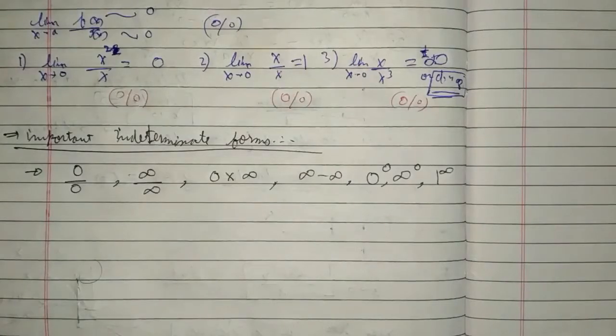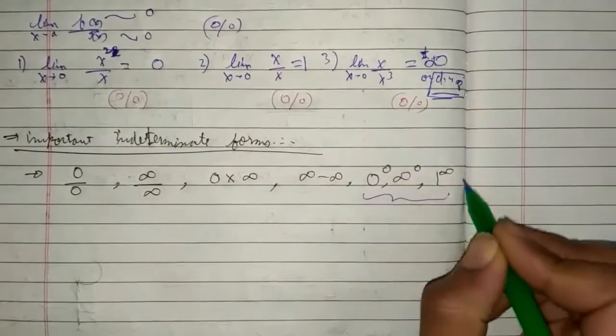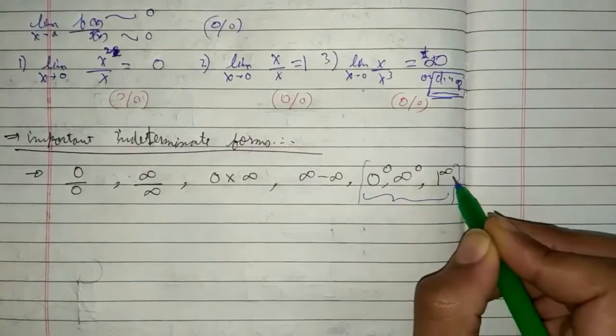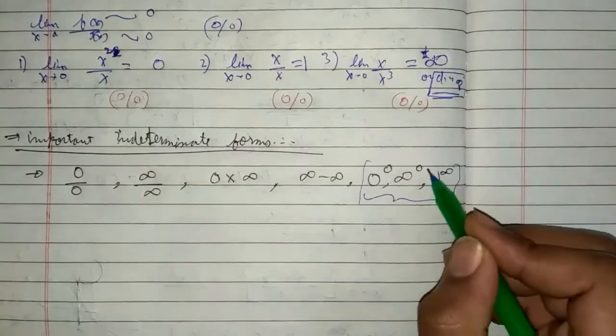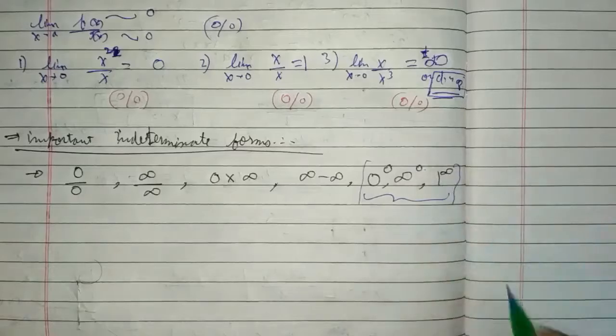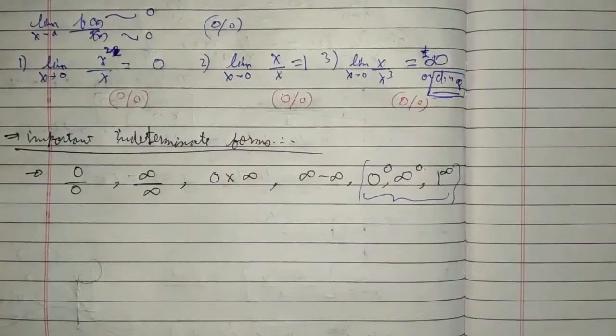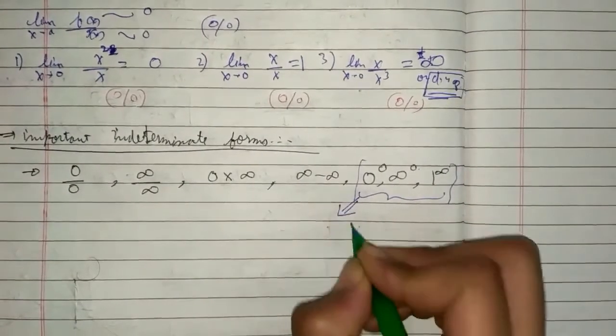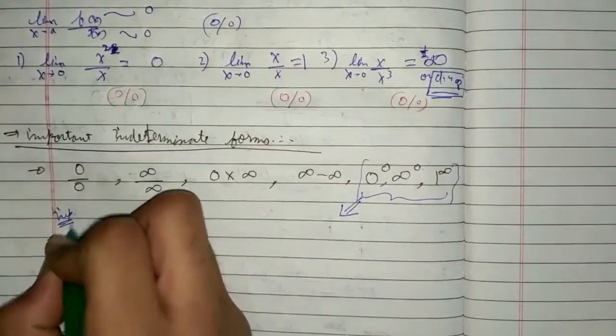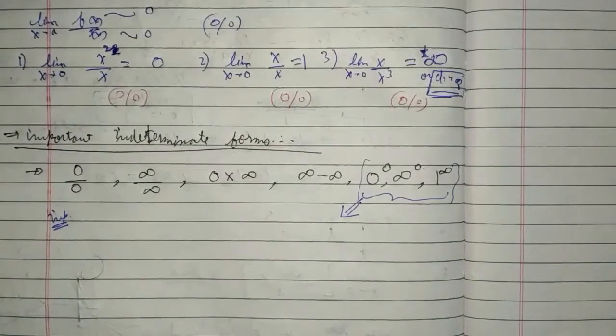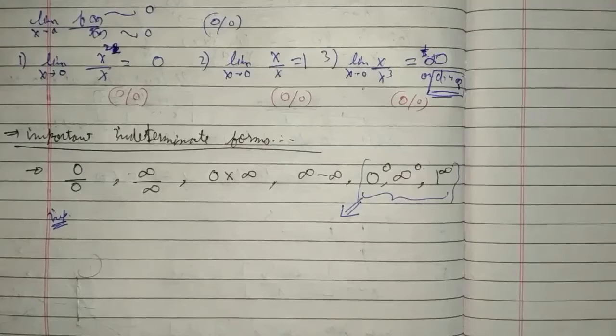Here you may be surprised how these can be indeterminate, as 1 to the power anything should be 1, and anything to the power 0 should be 1. So how are they indeterminate? This is a very important note: please note that 0 here doesn't mean exact 0, but it represents a value approaching 0, and the behavior of 1 and infinity is also similar.